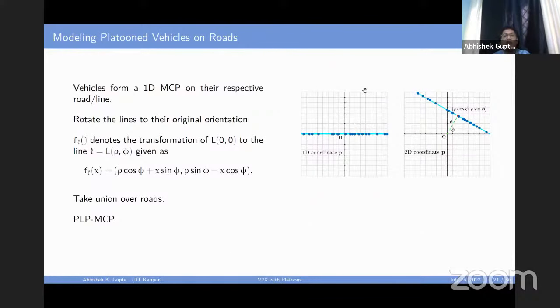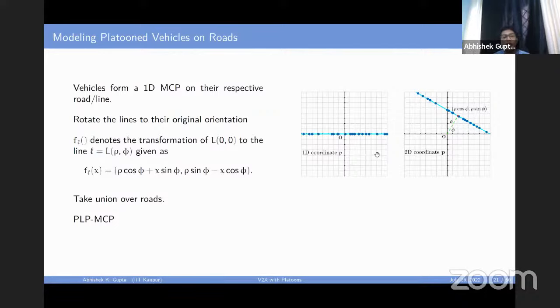Now, once you have identified each line, you have to do this for every road. So for every road, you have an independent MCP. You take that MCP and transform it to the road. Then you take another road, take a new MCP, and again transform it to a different road.